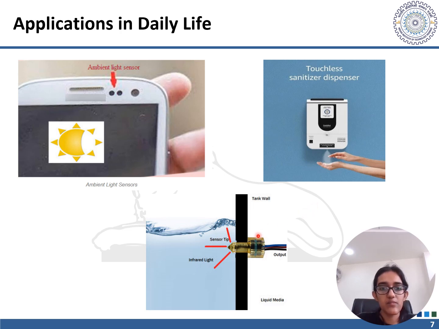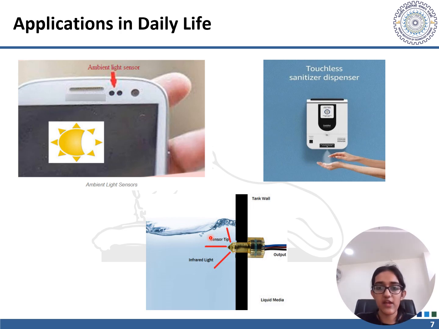Third is using an optical sensor to detect liquid levels. Here, what we use is an LED along with a light transistor. And basically, the idea here is that when light is emitted by the LED into the environment, then depending on the environment, particles will reflect back the light.